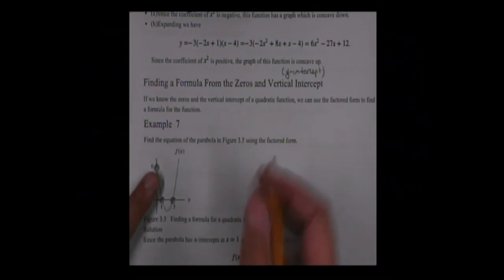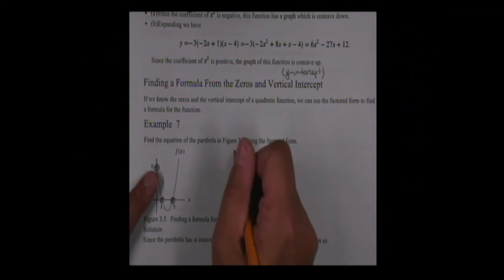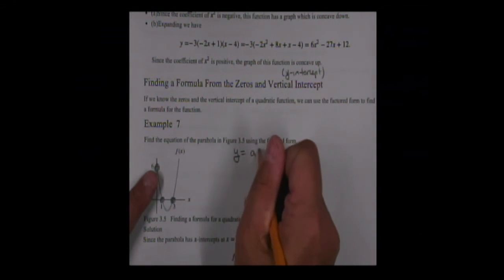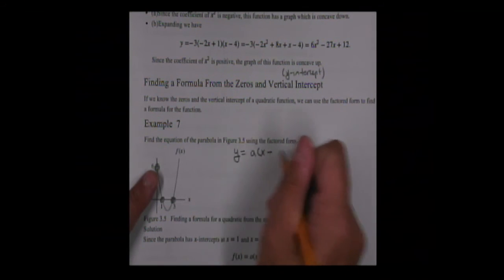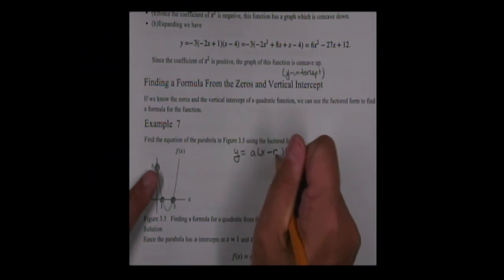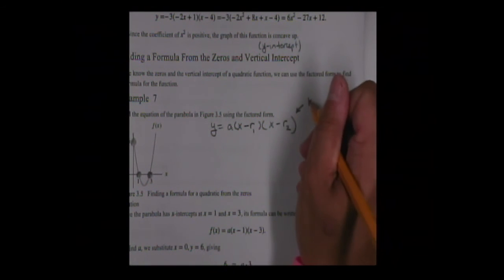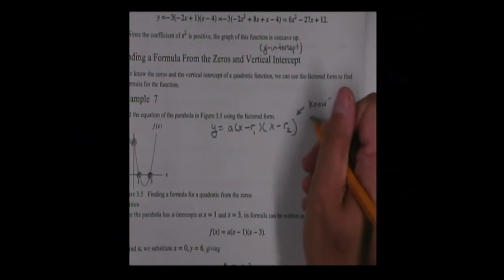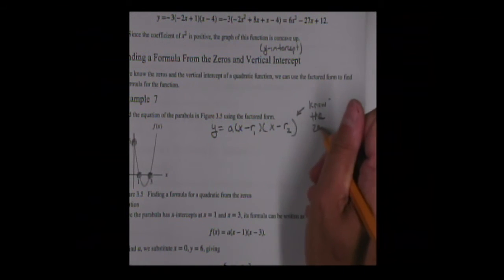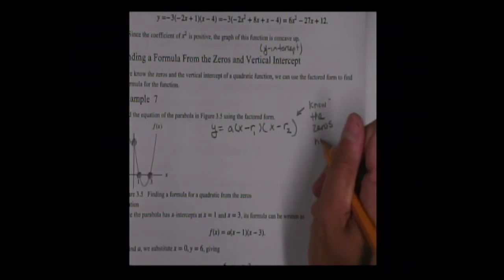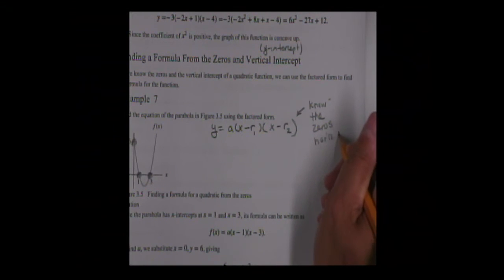And in order to do that, what you're going to be looking at is the fact that the easiest way is to start off with this version. So this is what we're going to use if we know the zeros or the x or horizontal intercepts.